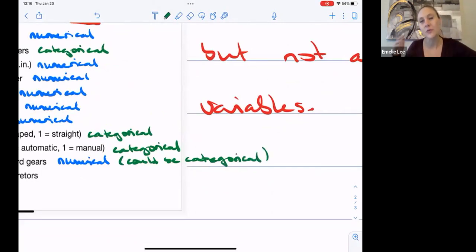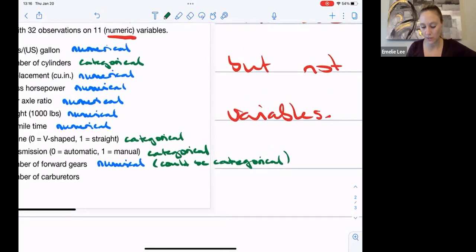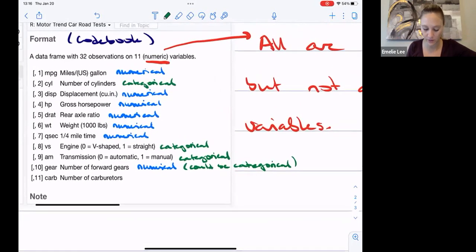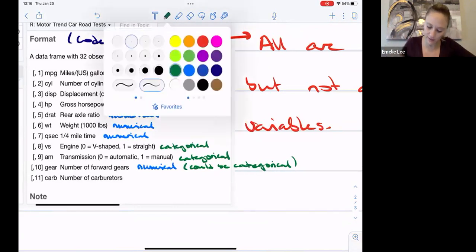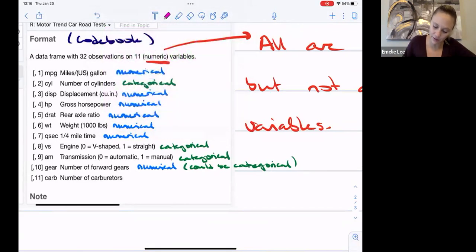If you wanted to argue that you wanted to use it as a categorical variable, but I would probably argue that it's numerical. And that happens a lot, right? As long as you stick to your guns. Here, I'll put a little subnote here, numerical.